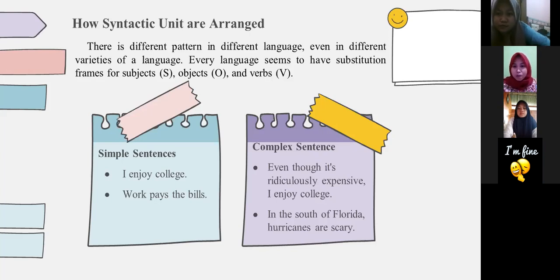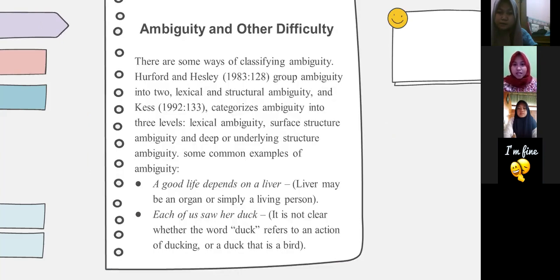And then the example of a complex sentence. Even though it's ridiculously expensive, I enjoy college. And then, in the south of Florida, hurricanes are scary. Next slide, please.